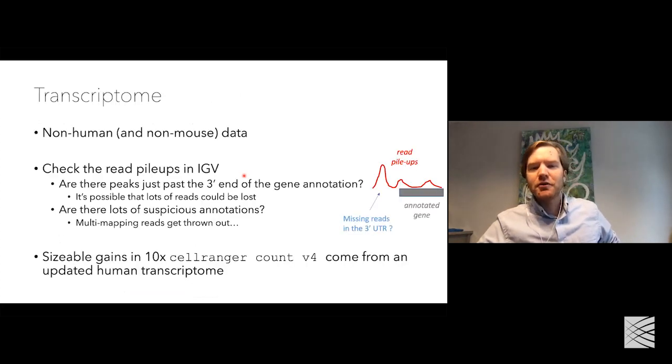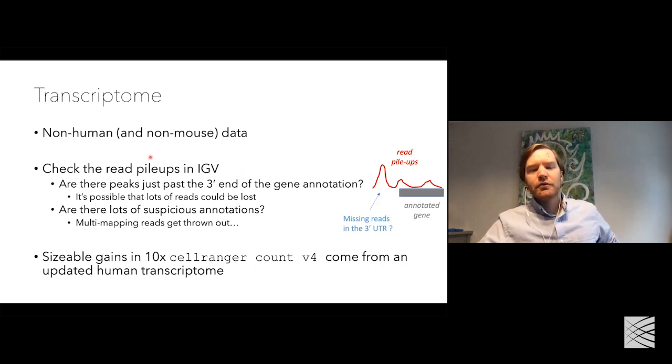The transcriptome is worth a quick mention, especially if you're working with non-human data and non-mouse data. The human transcriptome is in pretty good shape. I've heard anecdotally that the mouse transcriptome is also in very good shape. I haven't worked with mouse data myself. But if you're working with other types of non-human data, for example, I've done a lot of work with the rat, it's worth checking the transcriptome.